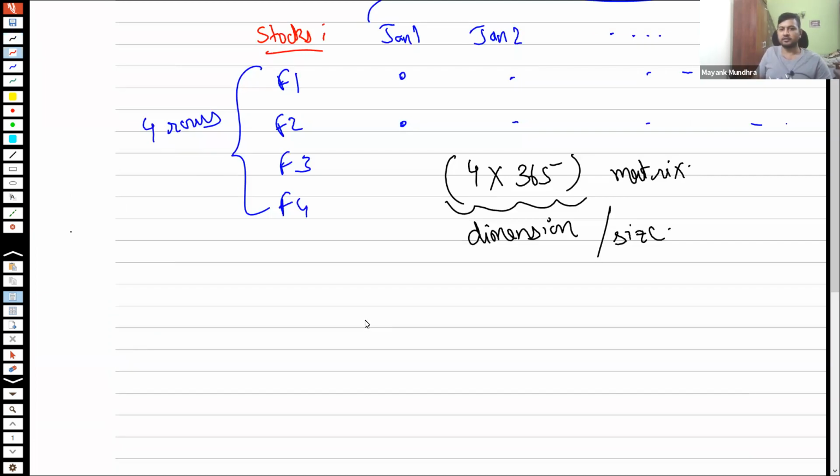So if I take firm 1, firm 2, firm 3, firm 4 as columns, and the values of stocks on Jan 1, Jan 2, and so on till December 31st, then I will have this 365 cross 4 matrix.